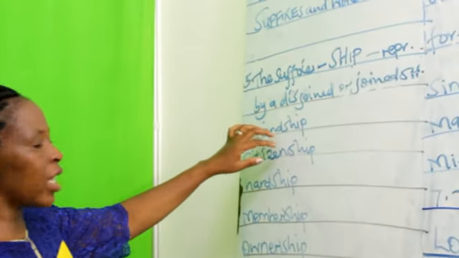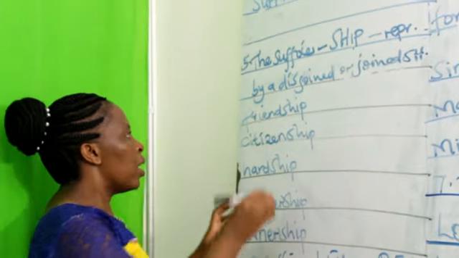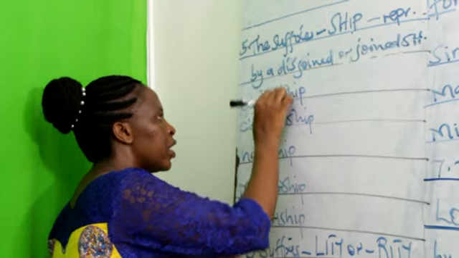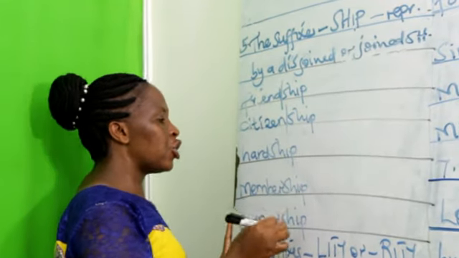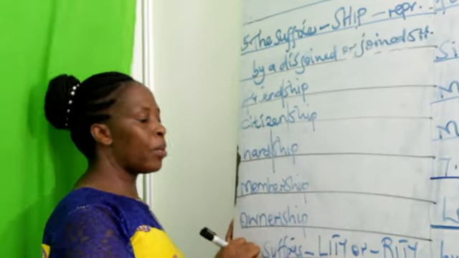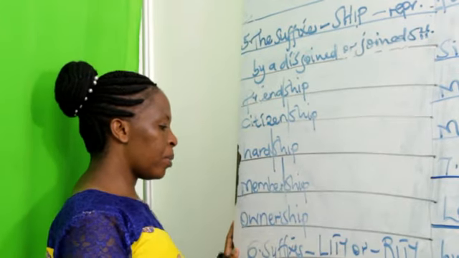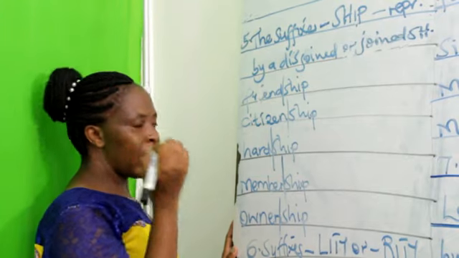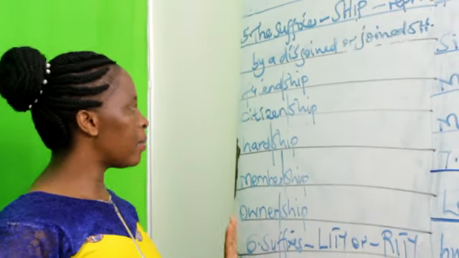These are the words that end with the suffix ship. Like we have the word friendship, citizenship, hardship, membership, ownership, and then the rest that we cannot list here.